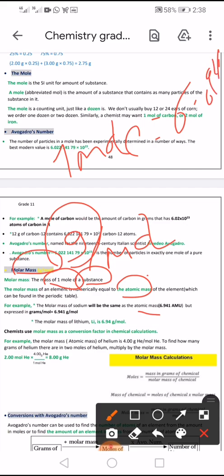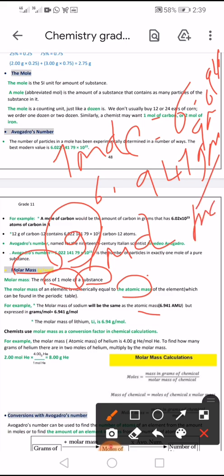So the molar mass of sodium equals 6.941 gram per mole, as 1 mole of sodium contains 6.941 gram. This is called molar mass.